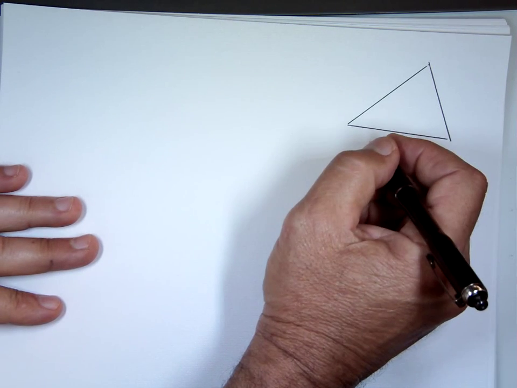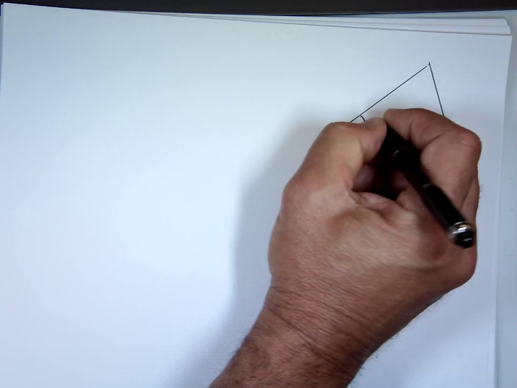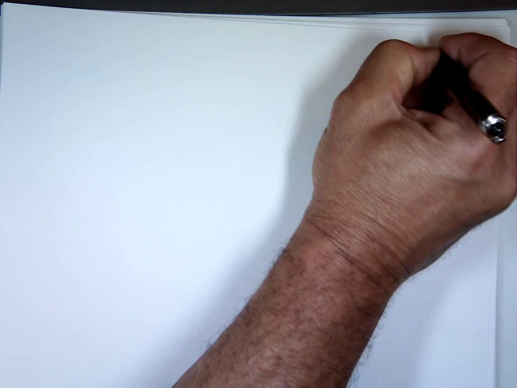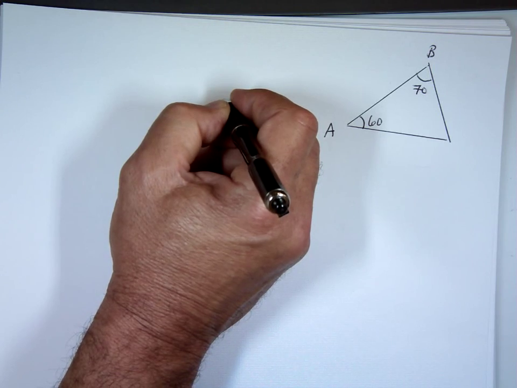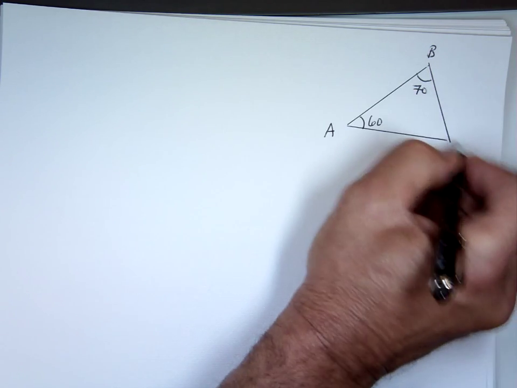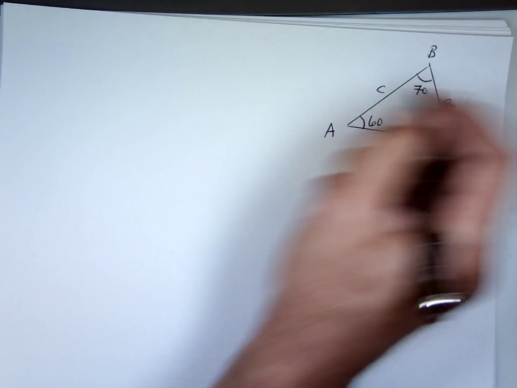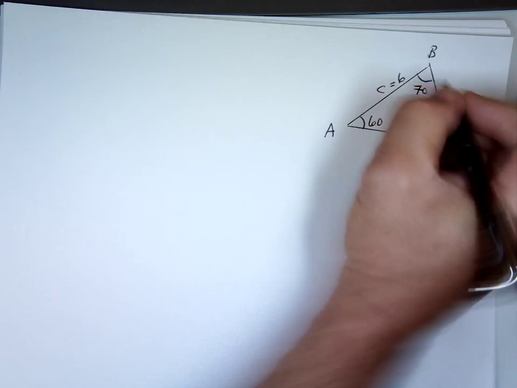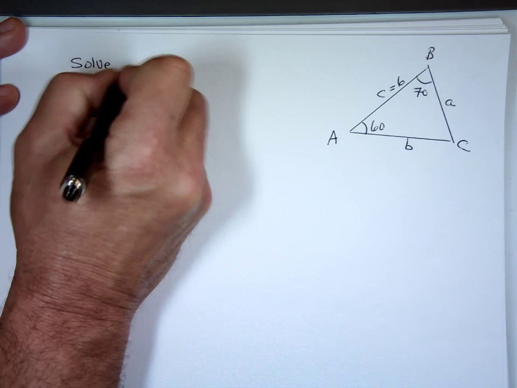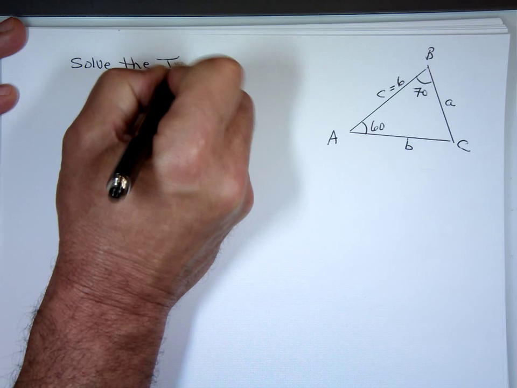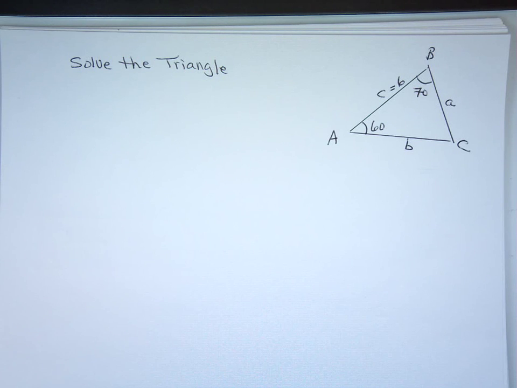This is A, angle 60. This is B, angle 70. This is angle C, this side c, this side is b, this side is a. Let's say we know side c to be 6. Solve the triangle. Solve it means find everything about it, all the missing values.